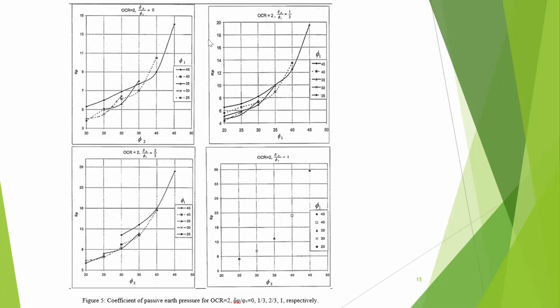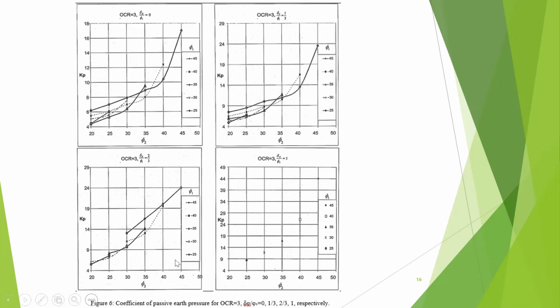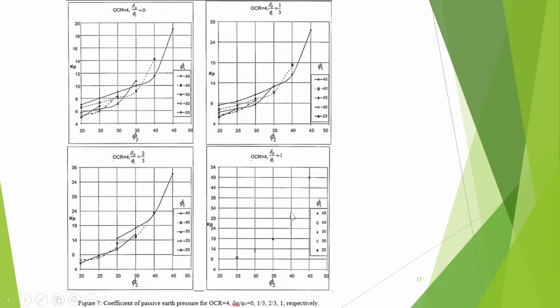And also the OCR equals 2, and also the delta over phi 1 equals different ranges: 0, 1/3, 2/3, and 1. Also, phi 1 is given here, varied from 25 degrees to 45 degrees in all cases.